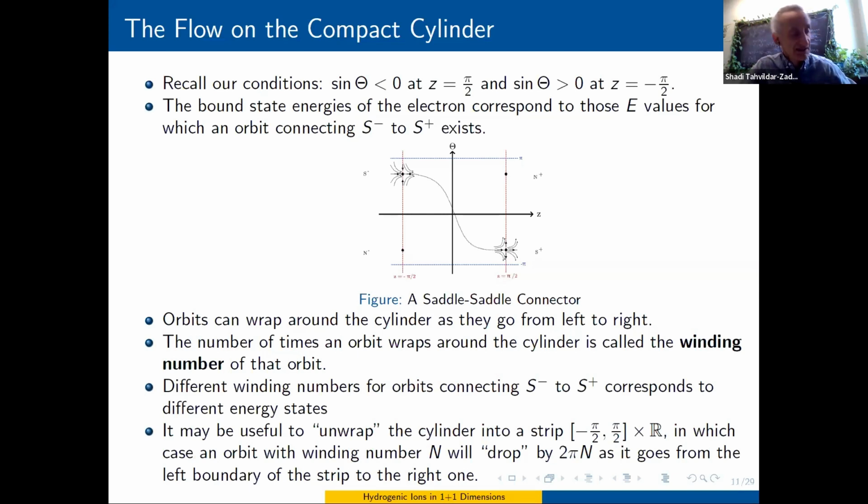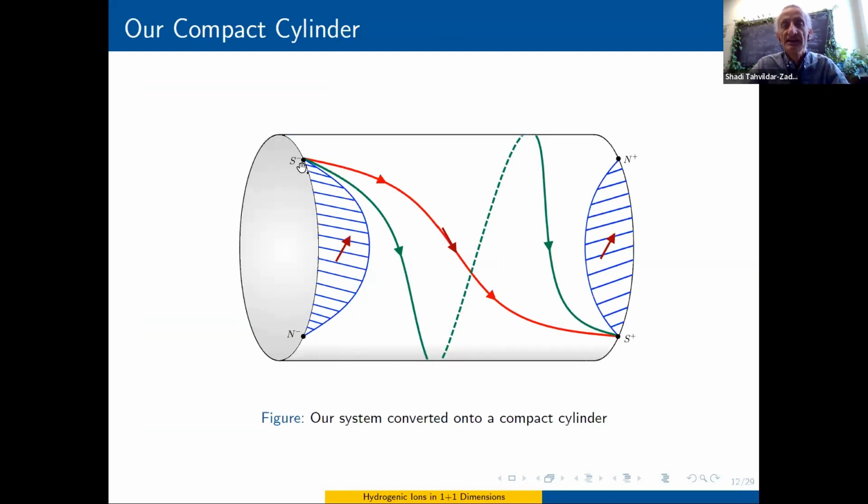Now, as I said, it may be useful to unwrap the cylinder into a strip, in which case an orbit of winding number n will drop by 2 pi n as it goes from the left boundary to the right one. So that's how you can see how the winding number comes into this picture. Okay, so this is a diagram of that. So now we have the cylinder. Here you see an orbit with winding number 0.